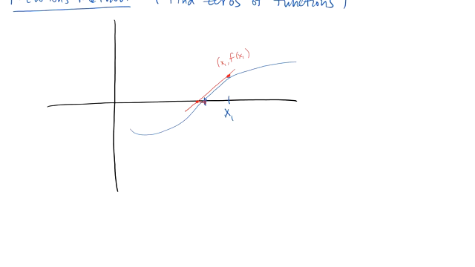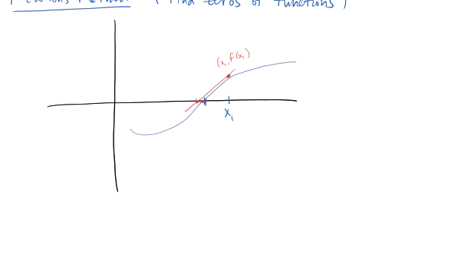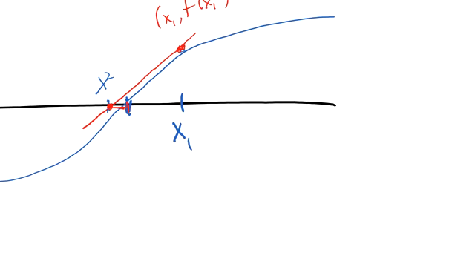So this is my first guess, x sub 1, and then this guy right here will be my second guess, or my second estimate, x sub 2. Okay, now watch what happens here.